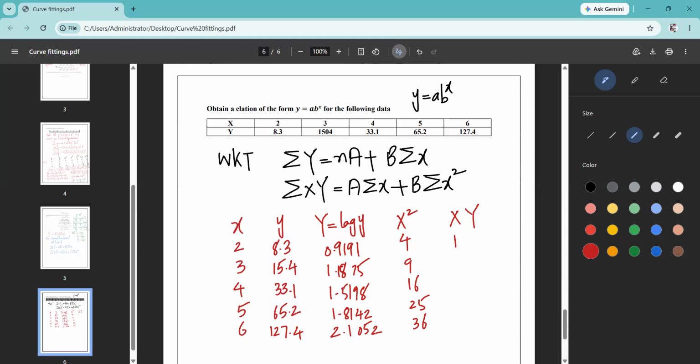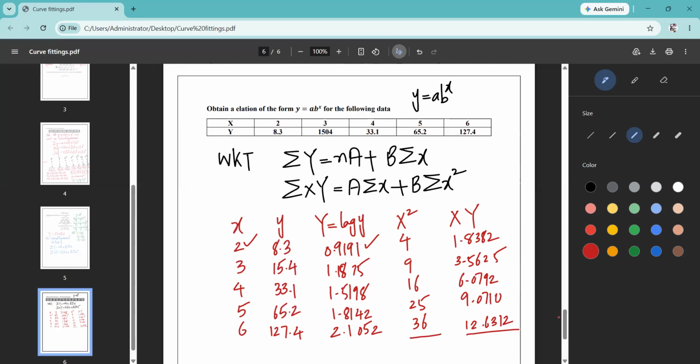We have to multiply this with this X value. So we get our answer: 1.8382, 3.5625, 6.0792, 9.0710 and then 12.6312.